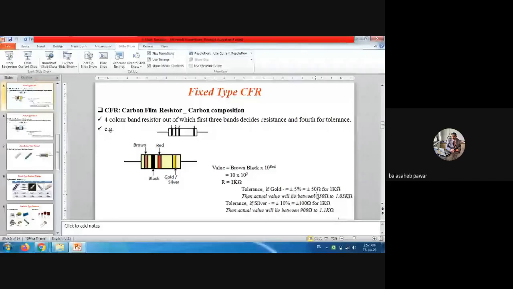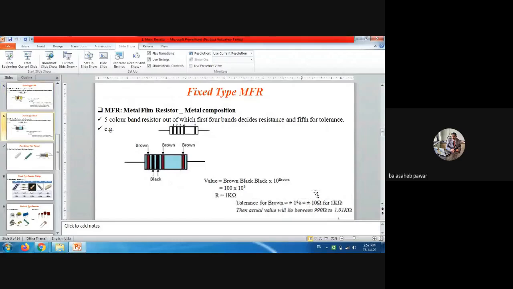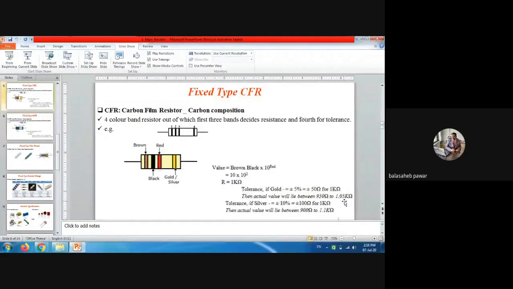And if you measure it using an actual multimeter, its value will lie between 990 ohm and 1.01 kilo ohm. In this case, it was 950 ohm to 1.05 kilo ohm.